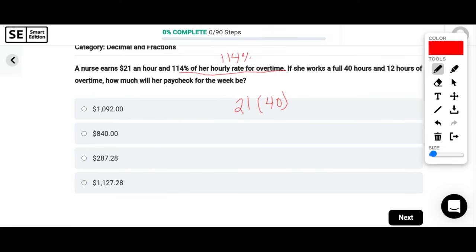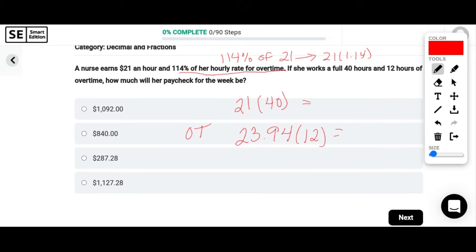So 114% of 21. All we have to do is 21 times 1.14. So her hourly rate for overtime, so I'll just write OT here, is $23.94, and she did 12 hours of overtime.